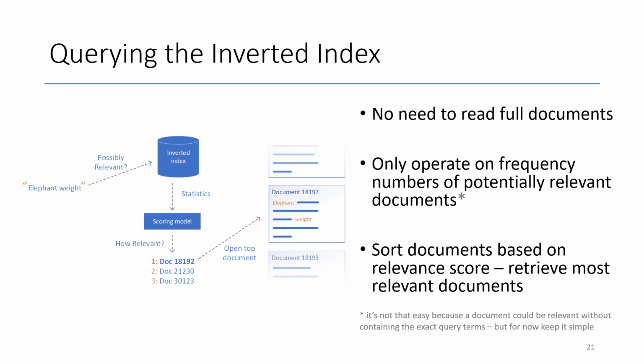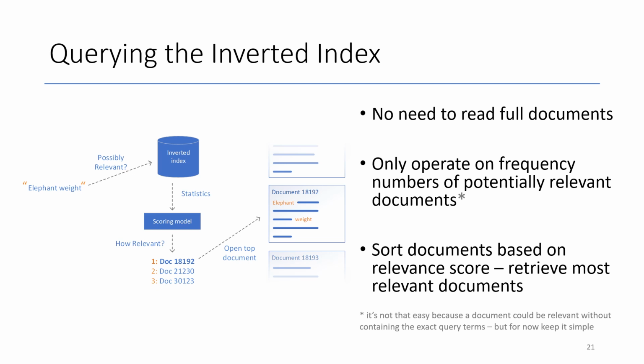Those statistics are fed into a scoring model that only operates on the statistics without needing to read or open the full document. And we only have to operate the scoring model on the subset of documents that are referenced by our given query terms, which of course reduces the amount of computation required in most cases.